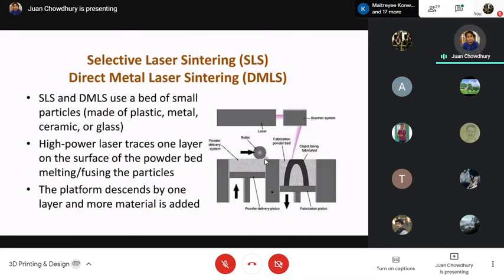Right. So I began to introduce how SLS technology is used in fusing material together. As you can see in the schematic on the right of the screen, there's a laser which is shooting a beam to the scanning system. Now, can you recall what the scanning system was? Can you write it in the chat box?